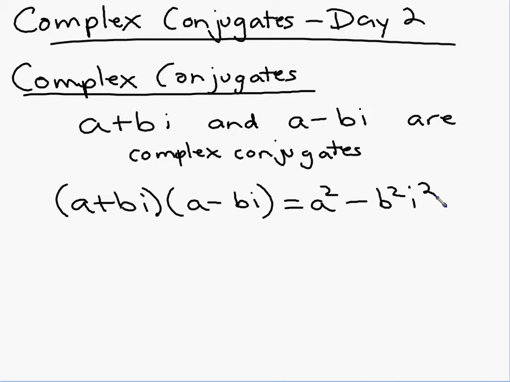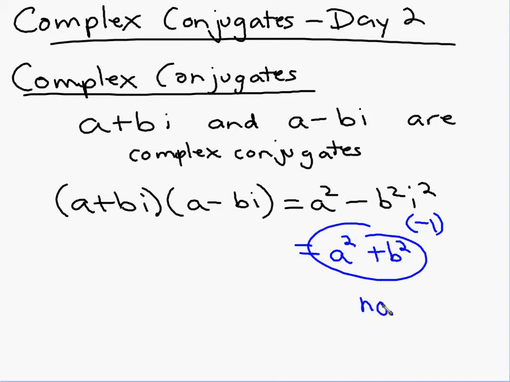And immediately we see that something happens. What happens to the i? It goes away. It becomes a negative 1. So since this becomes negative 1, what we wind up with is a squared plus b squared. And notice there is no i. All right? And so that helps us in some situations that we're going to see today. Okay? So let's get to some examples.